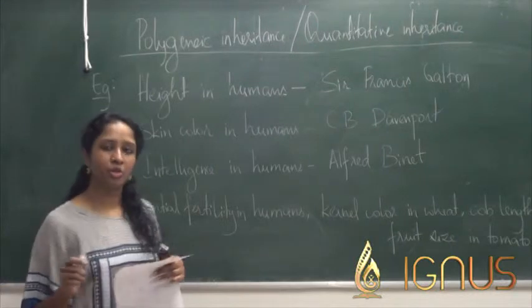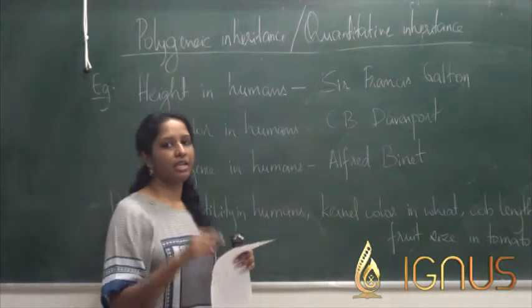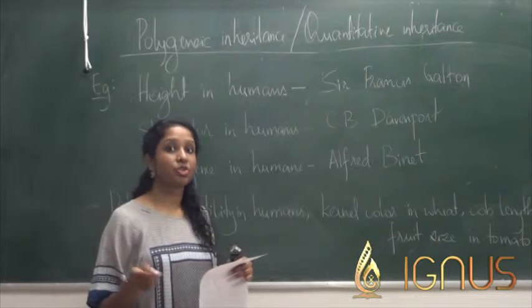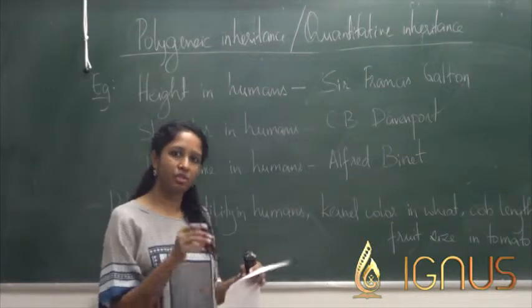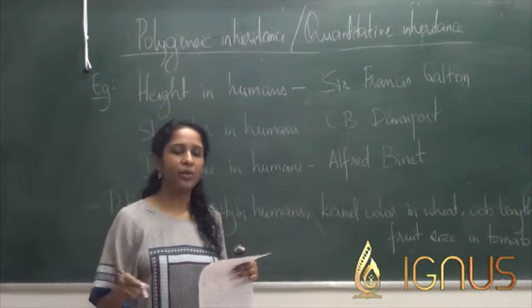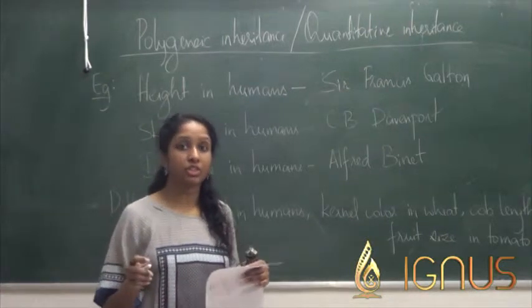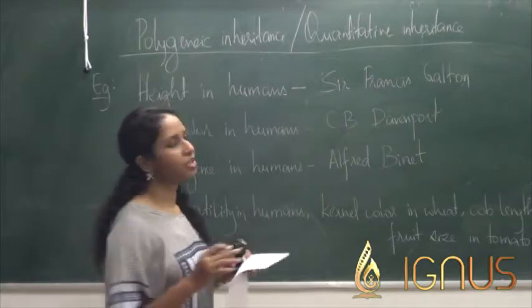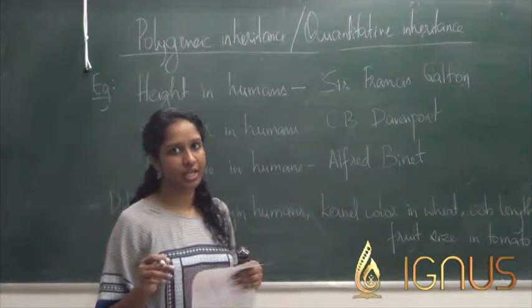Now another thing to know is that, like in case of epistasis or any other non-Mendelian inheritance patterns that you have seen until now, the F2 generation ratio is going to be different when you think of polygenic inheritance.